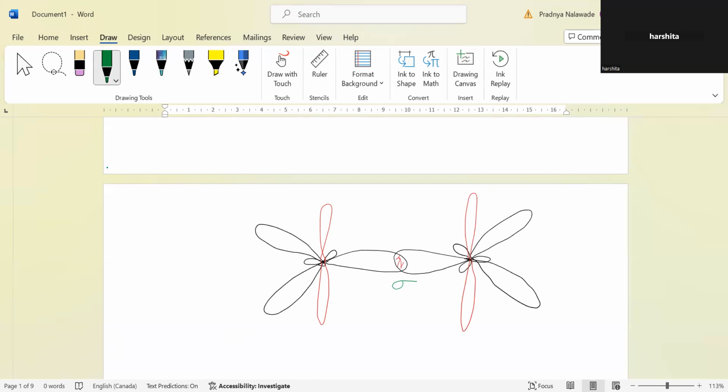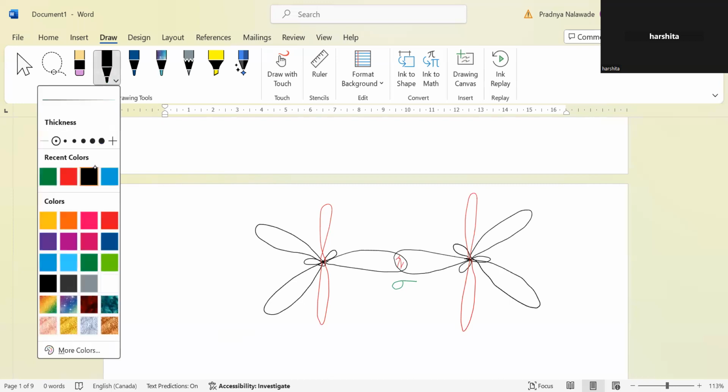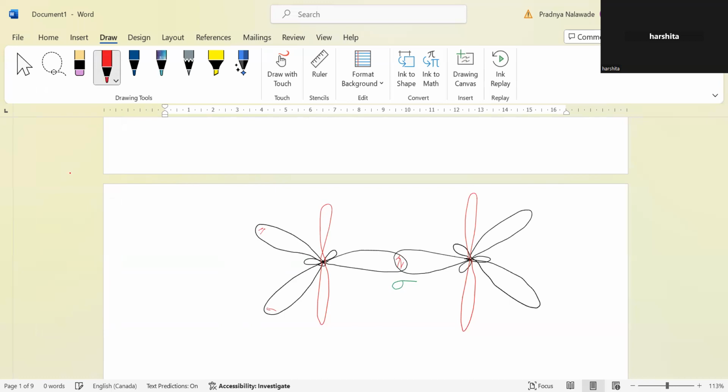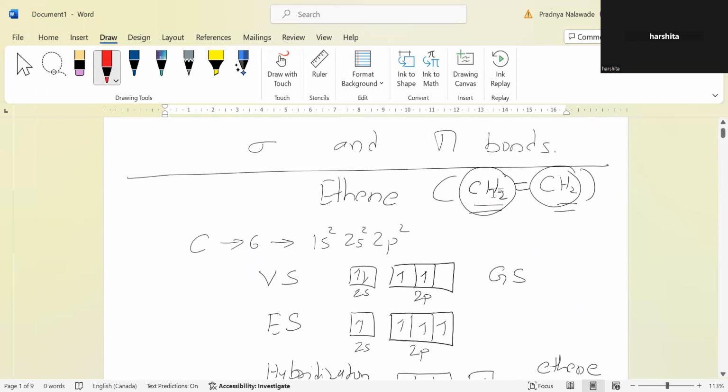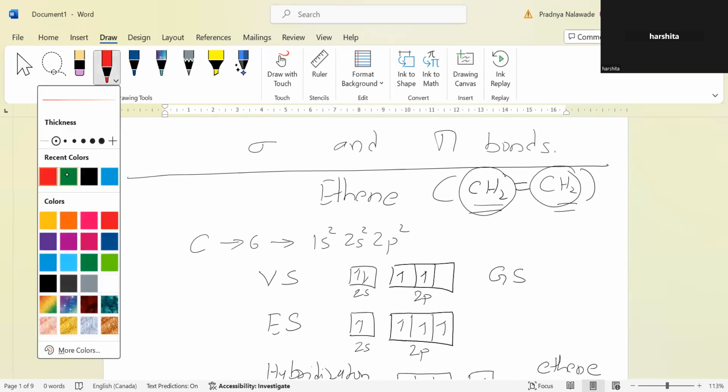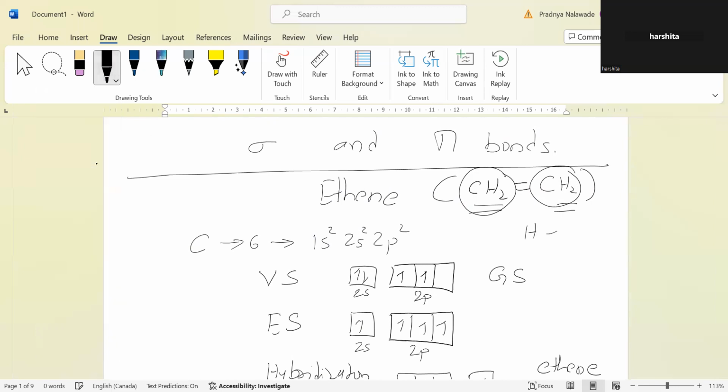Clear? And then you have hydrogen. So even these had one electron each, right? And we have four hydrogens, two on the left hand side carbon and two on the right hand side carbon. If you check the hydrogen electronic configuration, hydrogen is atomic number 1, 1s1. So the valence shell will be just 1. Clear?